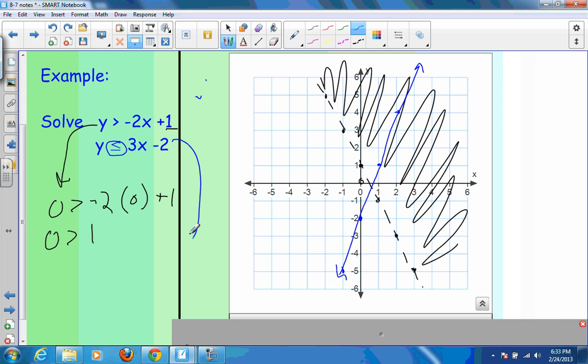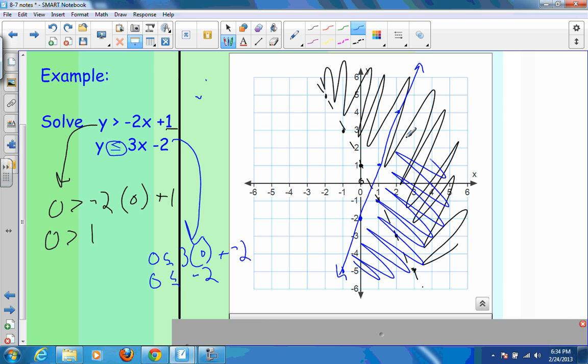And now I'll test 0, 0 over here. I have 0 is less than or equal to 3 times 0 plus negative 2, because I like to have the opposite. That gives me 0 is less than or equal to negative 2. Is 0 less than or equal to negative 2? No, it's not. Okay, so that means I'm going to shade the side that does not have 0, 0, which is this side over here, and now look what happens.